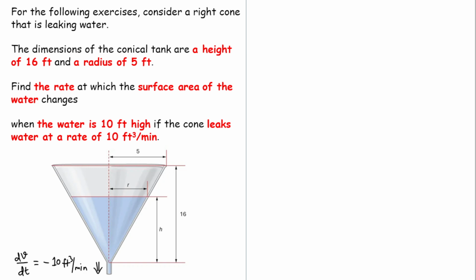Okay, we have to be very careful here because the surface area of the water is not the surface area of the cone, because here the water surface is this one, right? So this is the water surface. And this part here on the side of the cone is not the surface of the water, right?